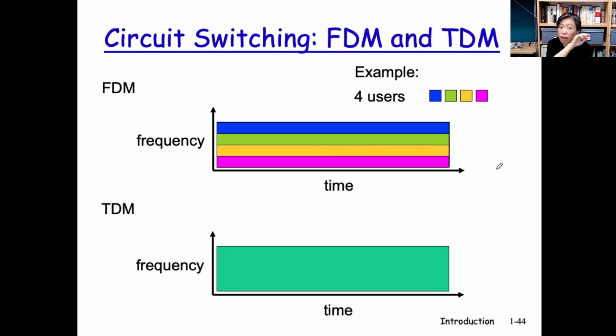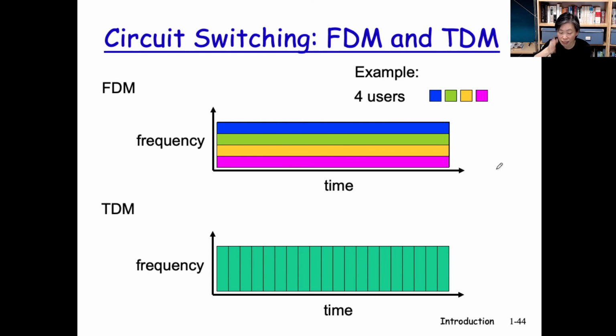Instead of dividing the frequency dimension, let's divide, okay, in the time dimension. So with these time slots, we allocate the time slots in a rotating fashion to the 4 users like this. Blue, green, yellow, pink, blue, green, yellow, pink. Yeah, it's rhythmic. That is exactly how TDM works.